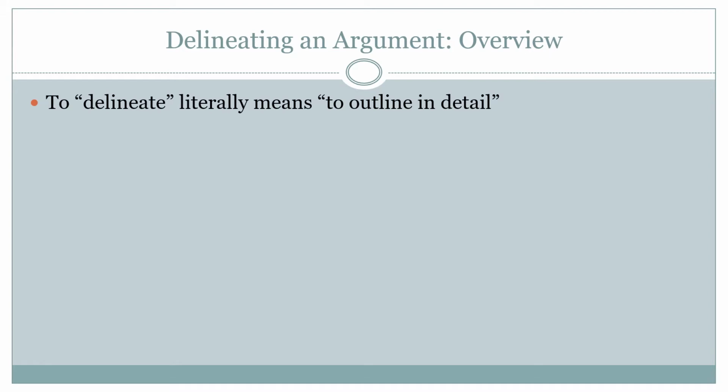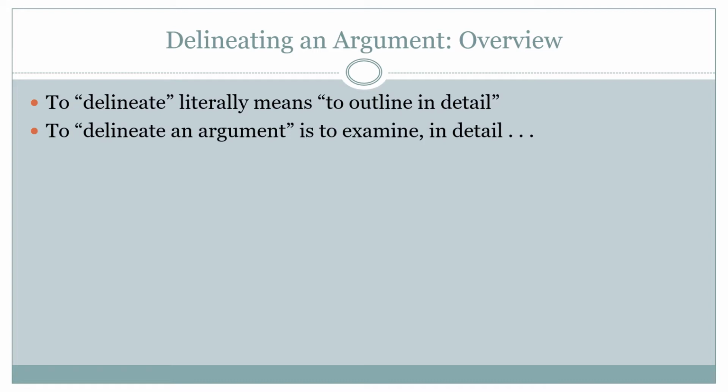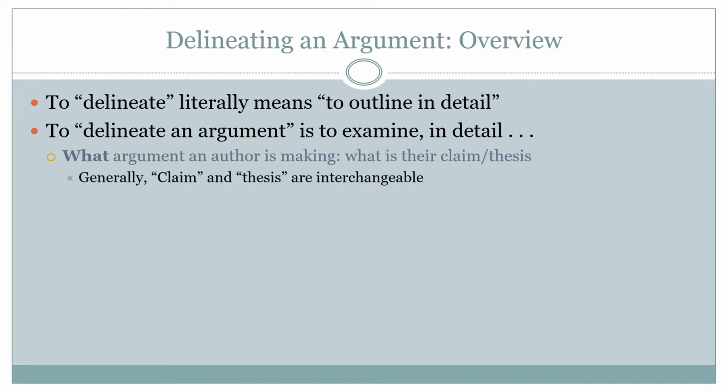So delineating an argument, an overview. The word delineate literally means to outline in detail, like to make a really accurate picture of something. So to delineate an argument is to examine in detail a handful of things. First, what argument is an author making? Like, what's their claim?